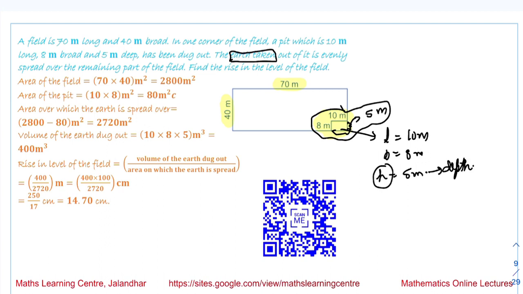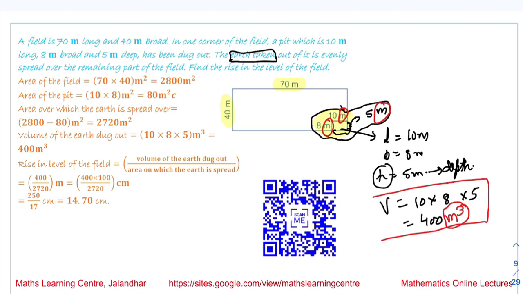So the volume of this pit will be equal to 10 into 8 into 5, that is equal to 400, and the units are meter cube. All these values are in meters, so the units over here are meter cube.